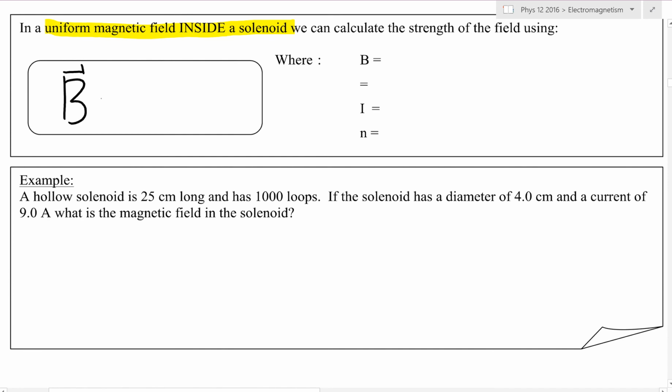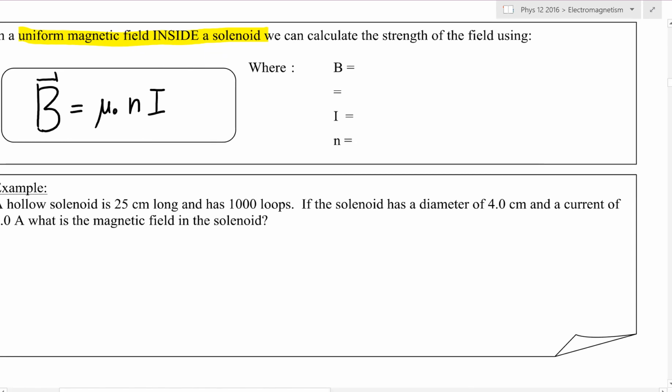The magnetic field inside a solenoid is equal to mu naught times n times I. So, B = mu naught n I. B is the magnetic field, the strength of the magnetic field, which is measured in Tesla. Most of the time we'll just use T.